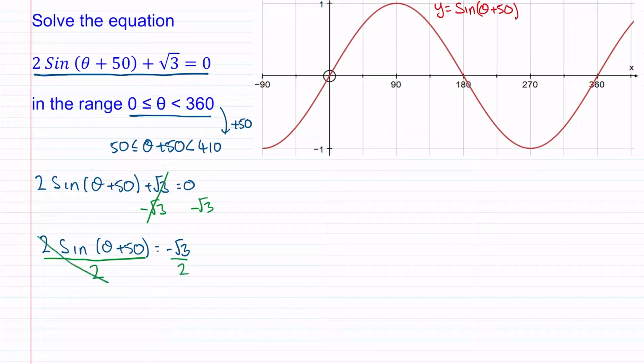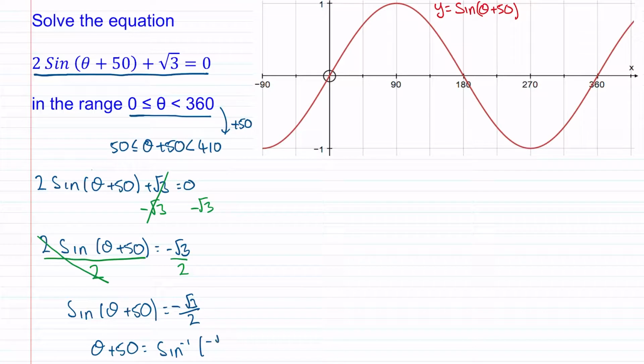So these will cancel, and we have sine of (theta plus 50) is equal to minus root 3 over 2. Then we'll take the arcsine of both sides. So theta plus 50 will be the arcsine of minus root 3 over 2, which is minus 60 degrees.